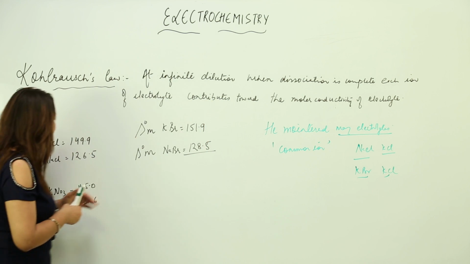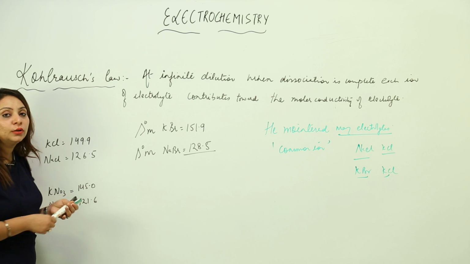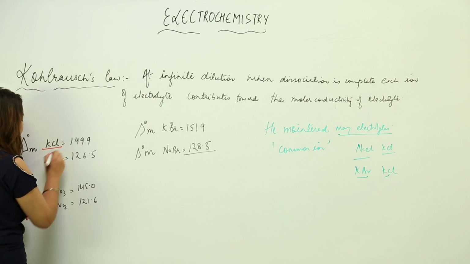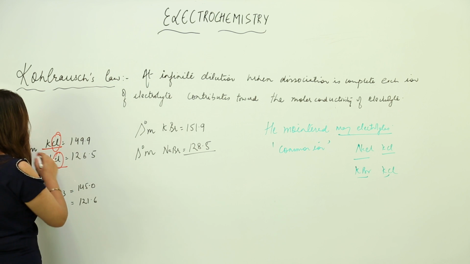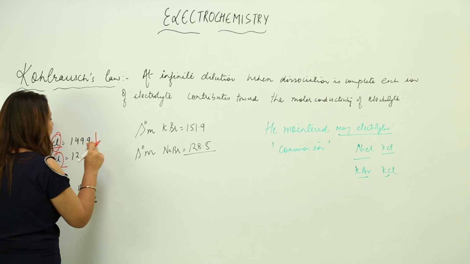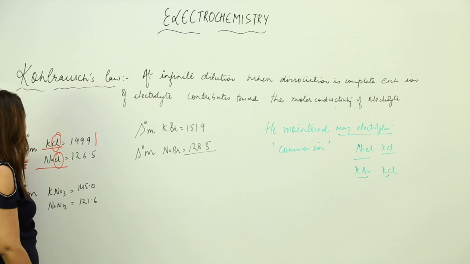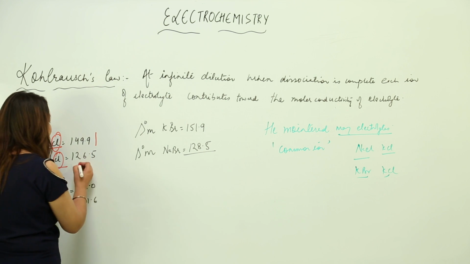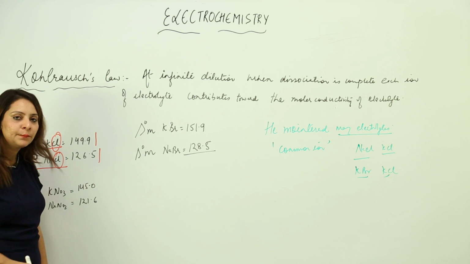Again, I am going to explain how. Suppose I have electrolytes with a common ion, let's say KCl and NaCl. Cl is the common ion. The molar conductivity of KCl is 149.9, and the molar conductivity of NaCl is 126.5.